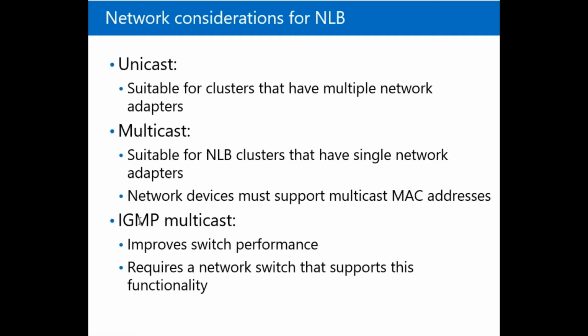Another thing we have is called IGMP multicast. Improved switch performance requires a network switch that supports this functionality. So IGMP multicasting is very good if we have any video servers or something like that running from our applications. In those kinds of scenarios, this protocol will be very helpful.